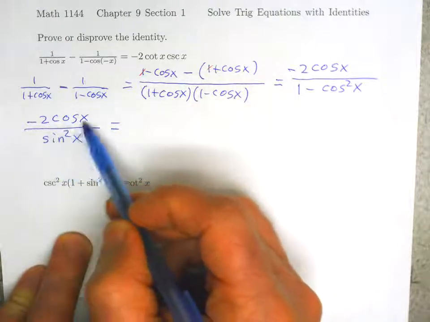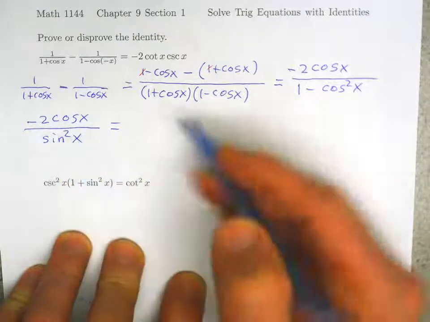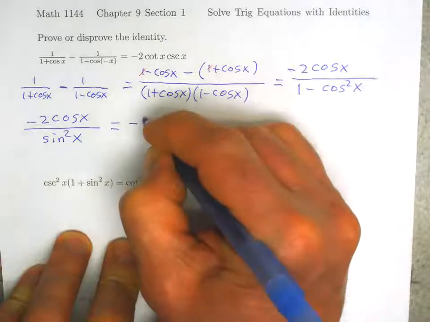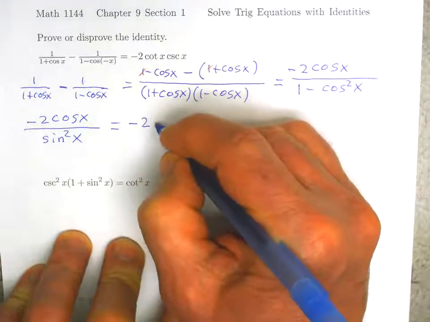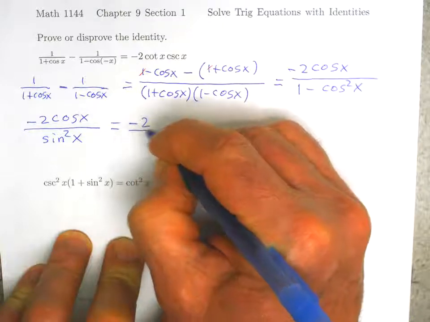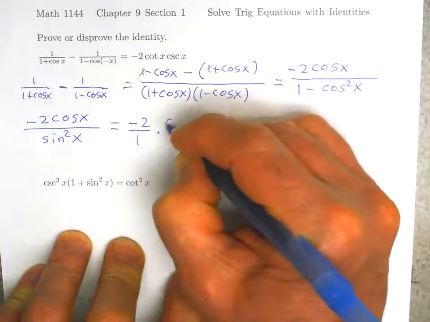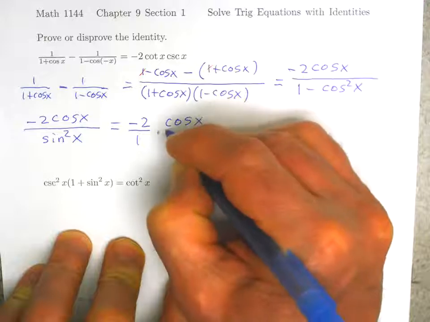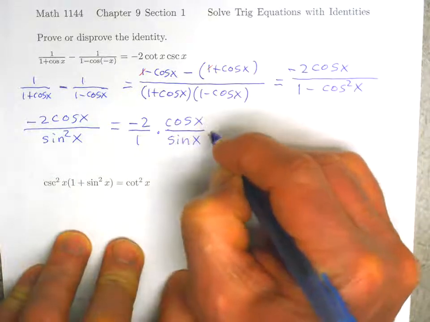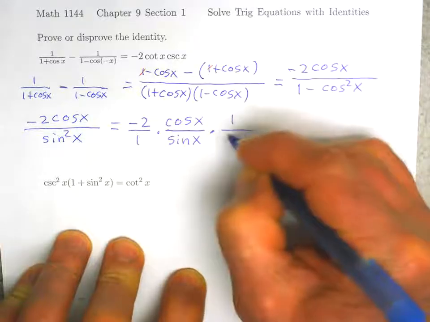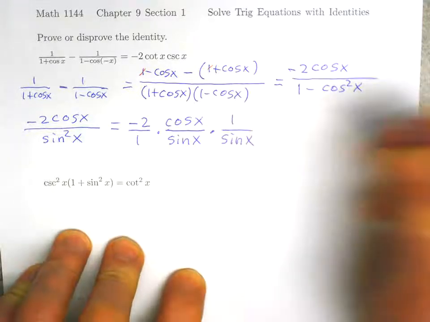Negative 2 cosine of x divided by sine of x squared, we can think of that as negative 2 over 1 times cosine of x over one of the factors of sine, so sine of x, and then times 1 over sine of x.